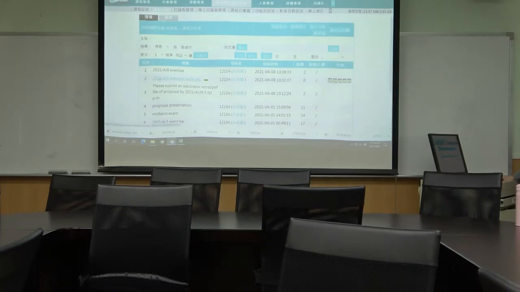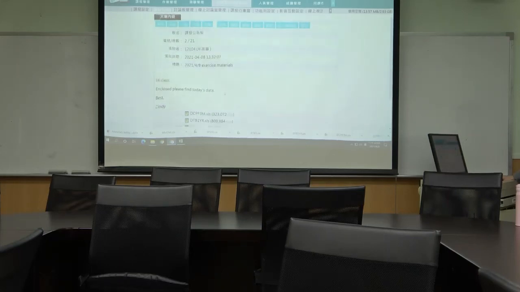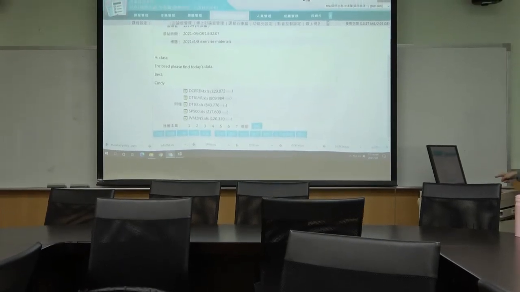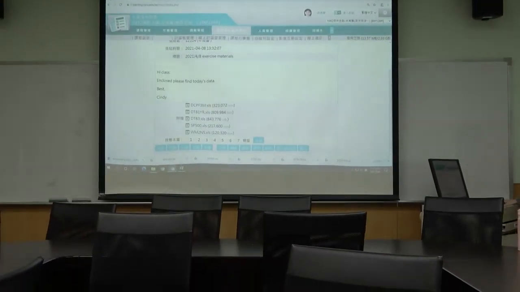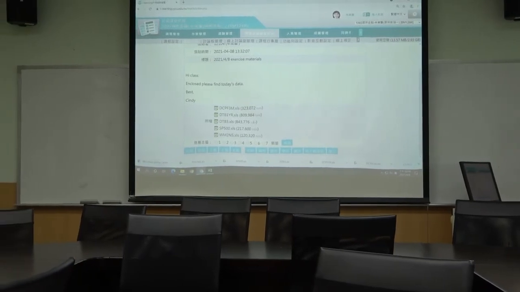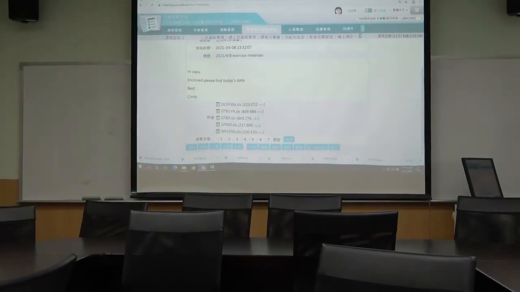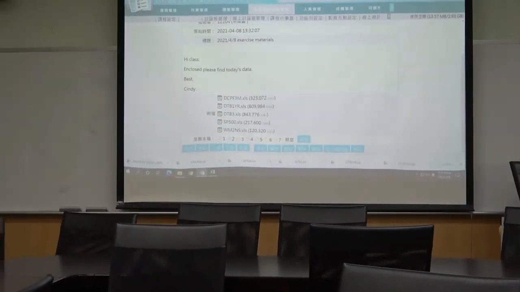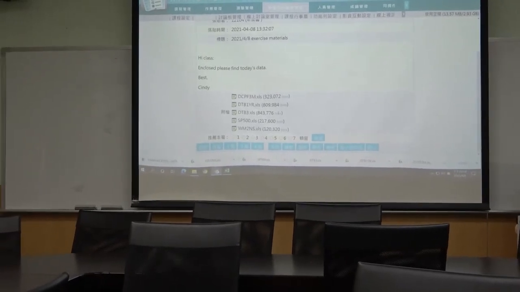The second one I'm posting, okay, that's the data we are going to use today, and I would like to work on this with you to identify the determinants of stock return.